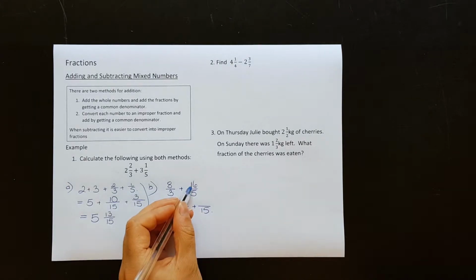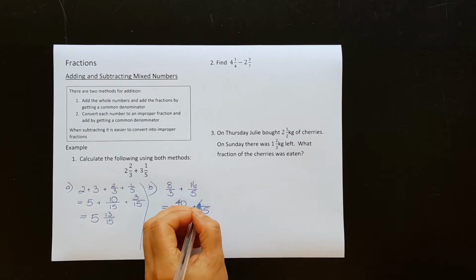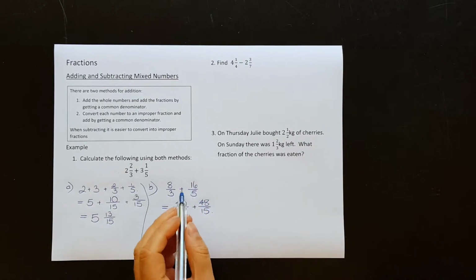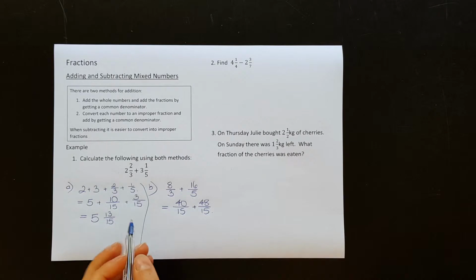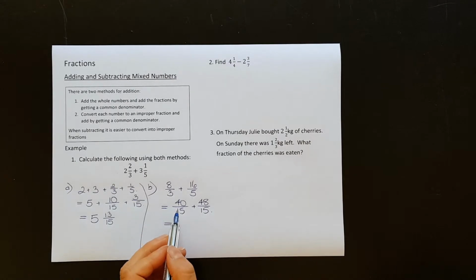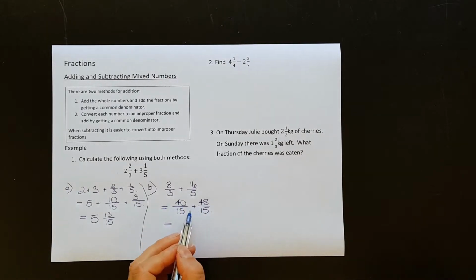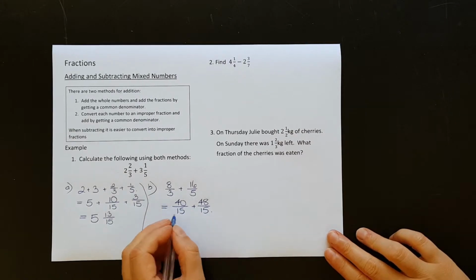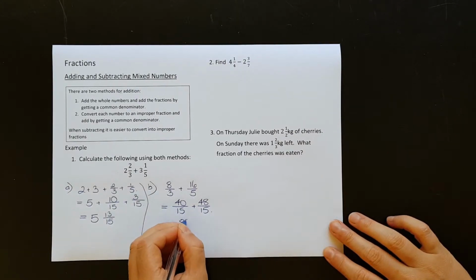So I have to also multiply the 16 by 3, which is going to be 48. Okay, so some of the more difficult times tables, you might have to do a little multiplication at the side to work them out. So now we have the common denominator, we can add the numerators together. 40 plus 48 makes 88 over 15.